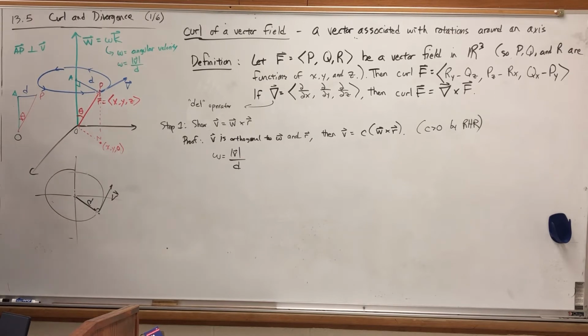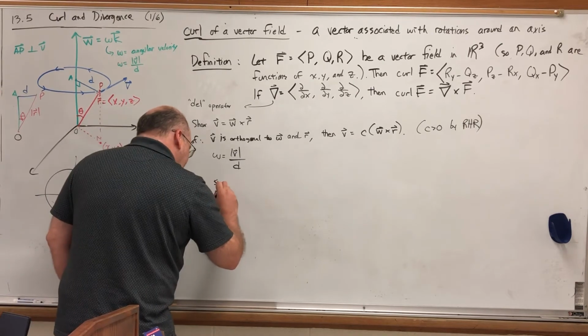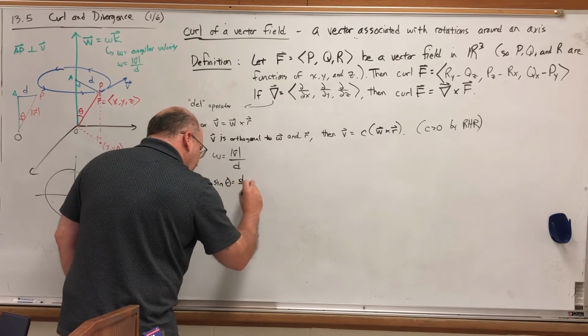We know that this red vector from O to P represents vector R, so its magnitude is the length of vector OP. And if we form the sine of theta, then we can say sine of theta equals D over the magnitude of R.